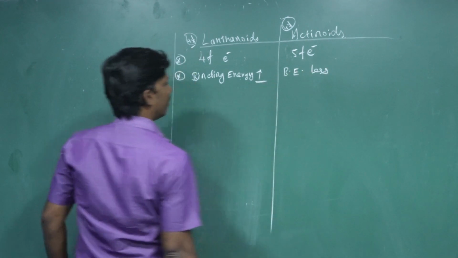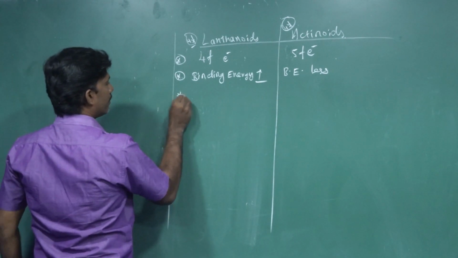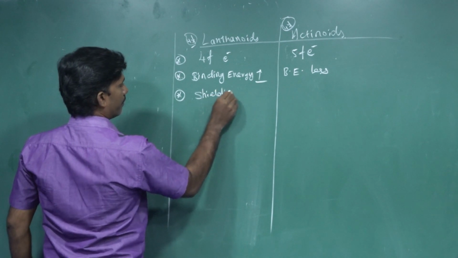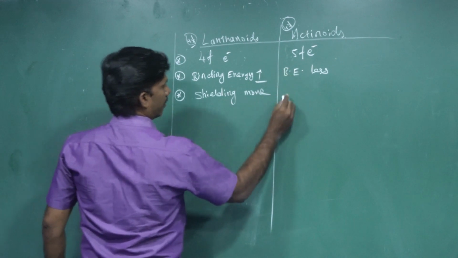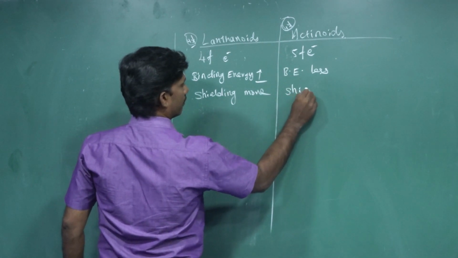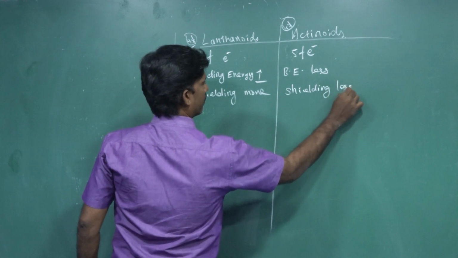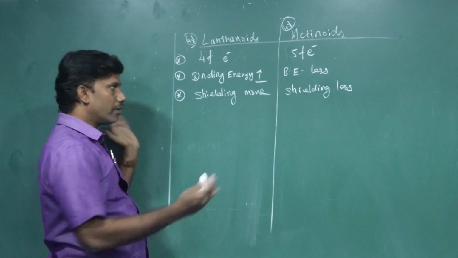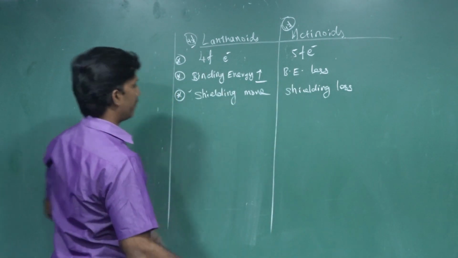Then shielding: lanthanides are more shielded than actinides. In actinides, shielding is less. Both of them are poorly shielding, that's no worry, but among these two, lanthanides are comparatively more highly shielded than actinides.